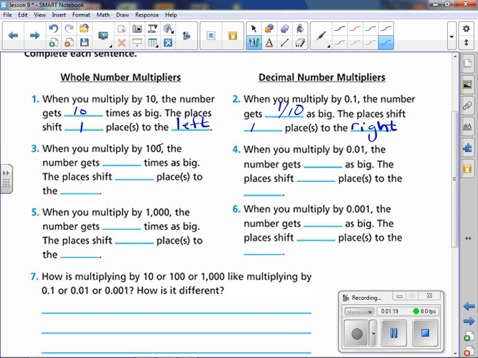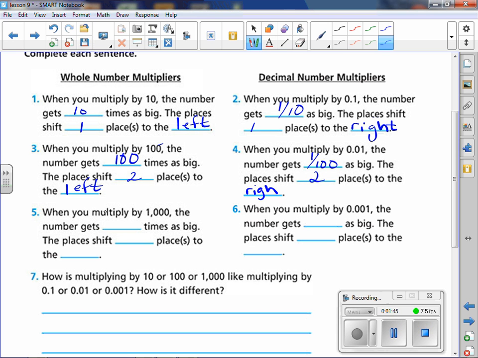Okay. When you multiply by 100, the number gets 100 times as big, and the places shift 2 places to the left. Whereas when you multiply by 100th, the number gets 100th as big, so a fraction as big, and the place shifts 2 places to the right.